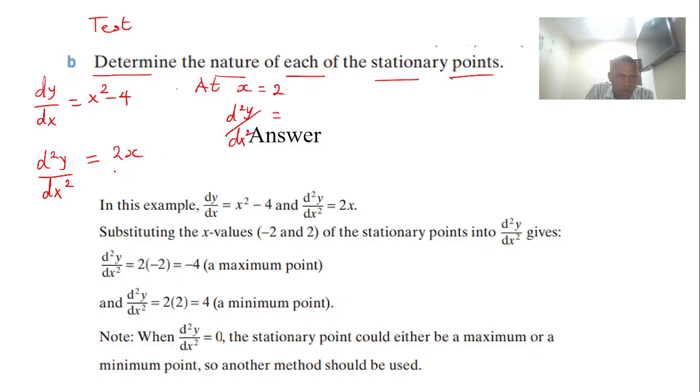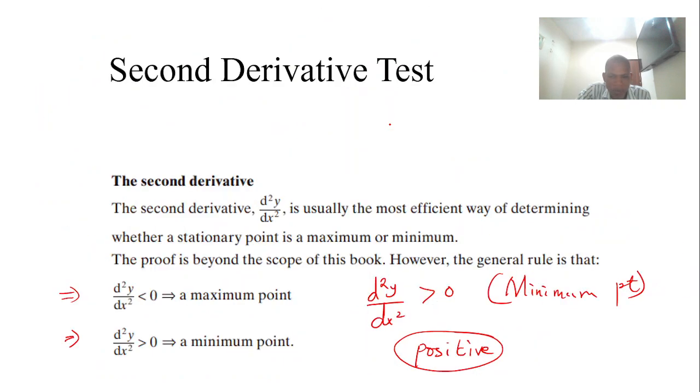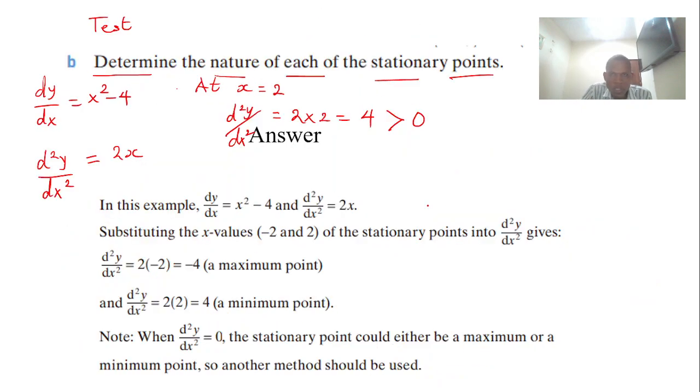Plug in 2: 2 times 2, which is 4. Now you can see that 4 is greater than 0. From the test, don't forget, if your second derivative is bigger than 0, that is a minimum point. So this is a minimum point, or a local minimum, a minimum turning point.